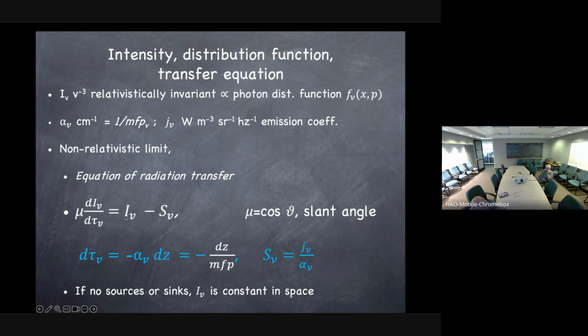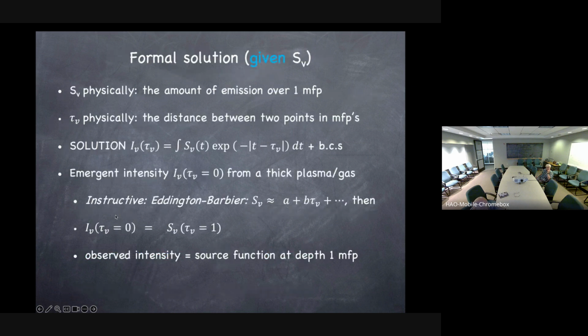Okay, so the solution then, we just put in an integrating factor in I. So we do d by d tau of I e to the minus tau nu, and that gives you an equation combining these terms here, and we end up with a solution that looks like this. And now I've dropped the mu because I'm going to assume that tau is on a certain simple scale. So I've incorporated the slant angle into this notationally, but not explicitly.